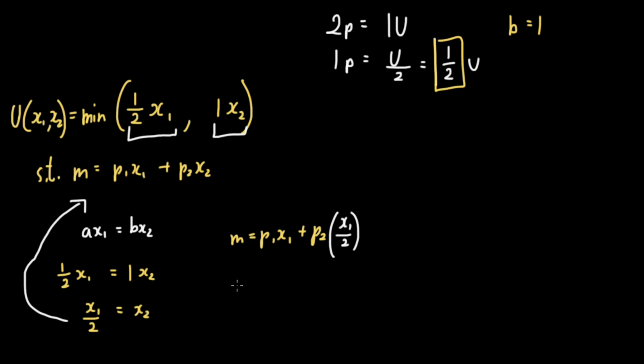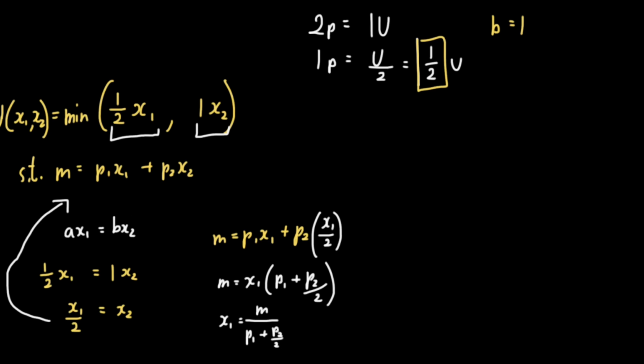So we can factor out x sub 1 here: x sub 1 multiplied by p1 plus p2 over 2. And so x sub 1 should be equal to m over p1 plus p2 over 2. And there we have it. Again, what we're doing here is just trying to find the maximum of the utility function subject to a budget constraint.